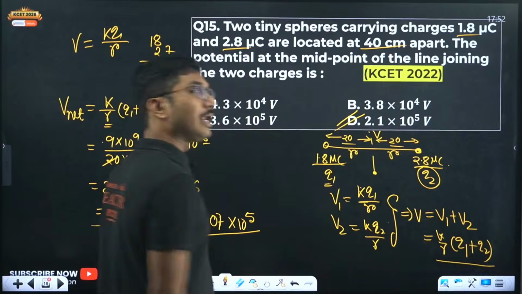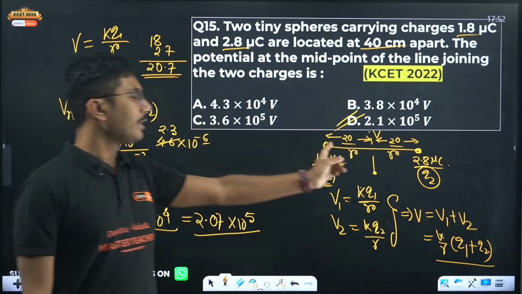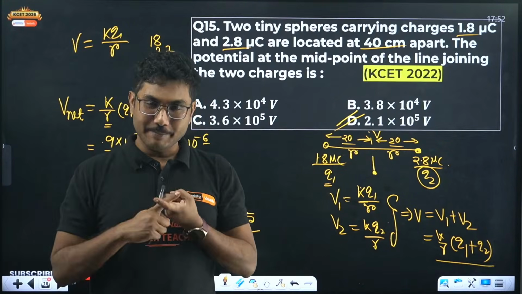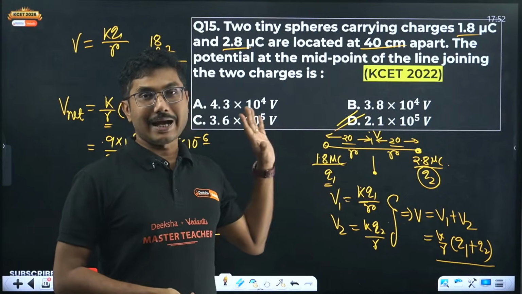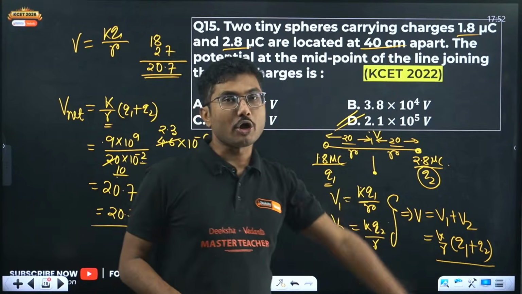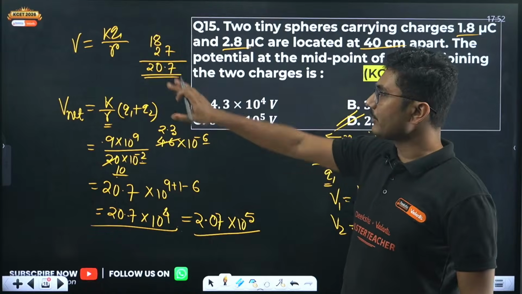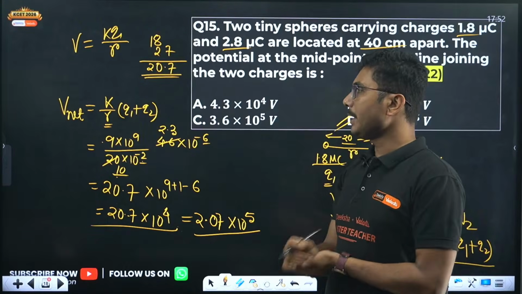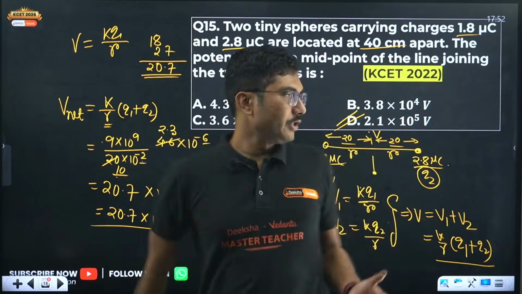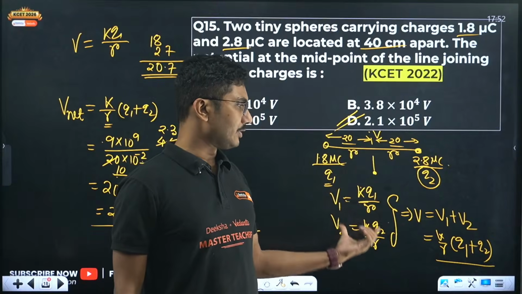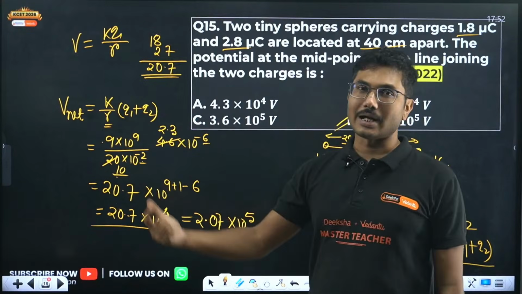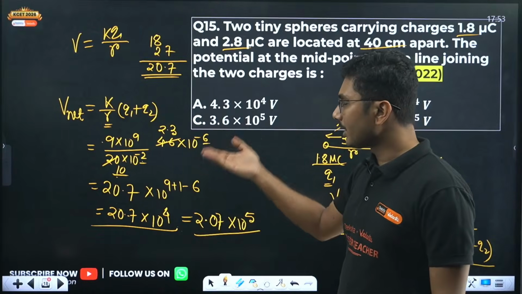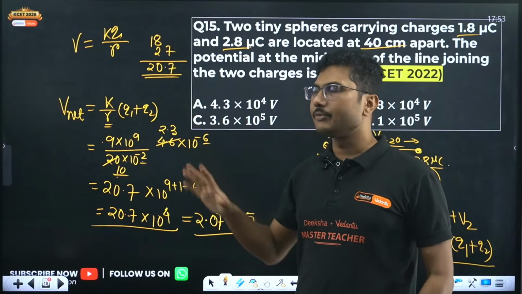This formula is valid when they ask you at the midpoint, where the distance is the same. This is a shortcut formula that will save some time for you. You don't need to do the earlier calculation, you just need to start from here. That will give you a head start, because the multiplication calculations will all be simplified.